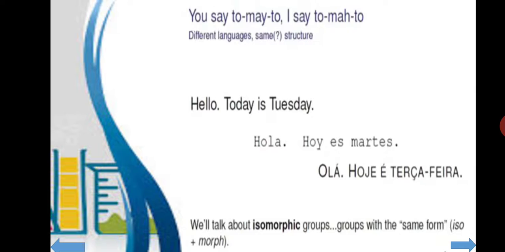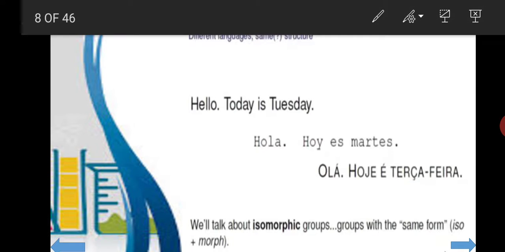For instance, the three sentences we have here: "hello, today is Tuesday" in English, "hola, hoy es martes" in Spanish, and "olá, hoje é terça-feira" in Portuguese, mean we're saying the same thing.